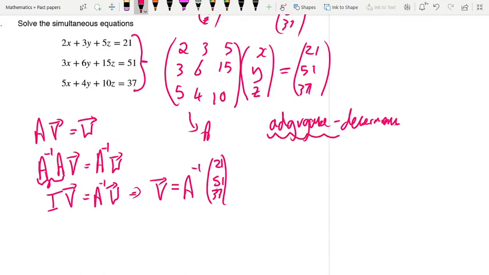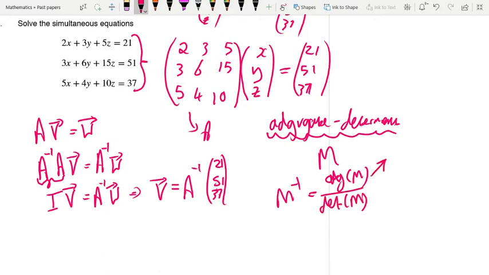So this basically says if you've got a matrix M, M inverse equals the adjugate of M over the determinant of M. The adjugate is often called the matrix of minors method, that's how you go about finding it. It means the exact same thing.